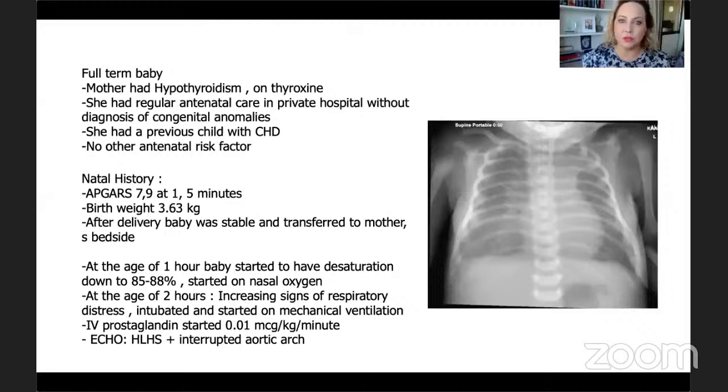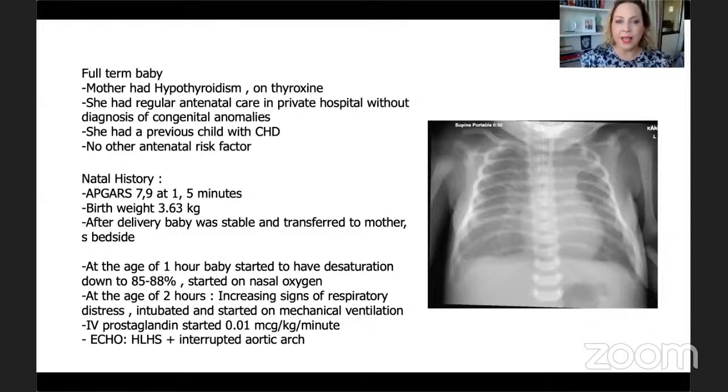He was sent to be with the mom right after, but at 1 hour of age, they found that he has cyanosis, 85% saturation, so he was started on oxygen and was monitored. After 1 hour, so when he was 2 hours of age, he developed respiratory distress, needed to be intubated, and they started prostaglandin.